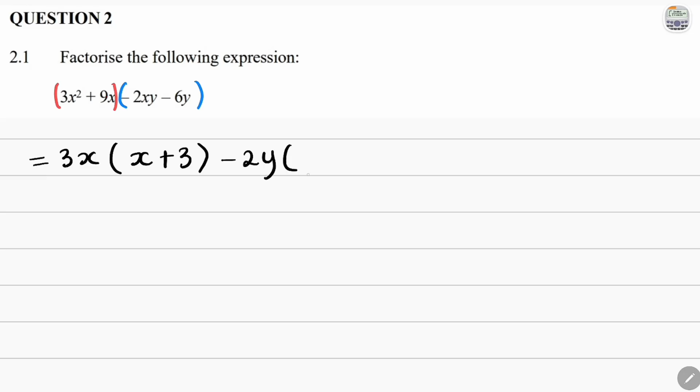So y is common. Then what do you multiply to negative 2 to get back to negative 2xy? You'd multiply by x. And then what do you multiply to negative 2 to get back to negative 6y? You'd multiply by positive 3. Okay, because if you say 3 times this, that becomes negative 6 and y.